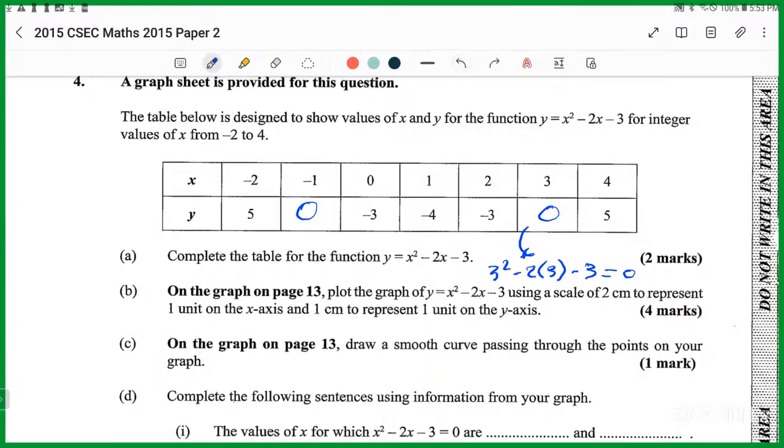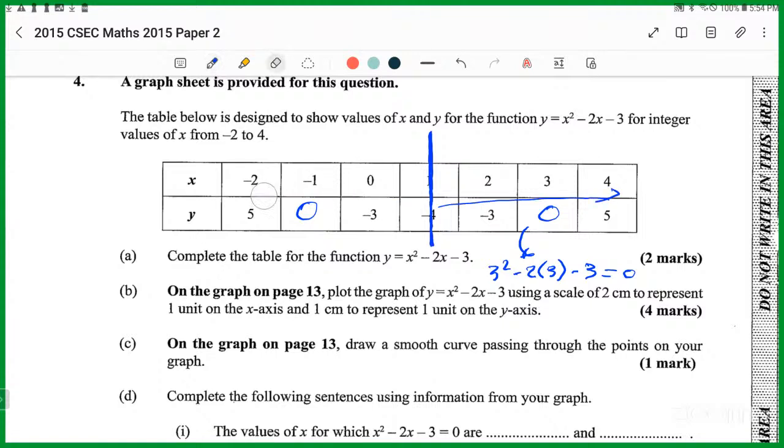All the values are symmetrical about here, to the left and to the right. I'm talking about the y values. The y values are symmetrical about this. Imagine that your vertex passes through this point. That is the axis of symmetry right through there. The values are symmetrical about that axis of symmetry, your y values.